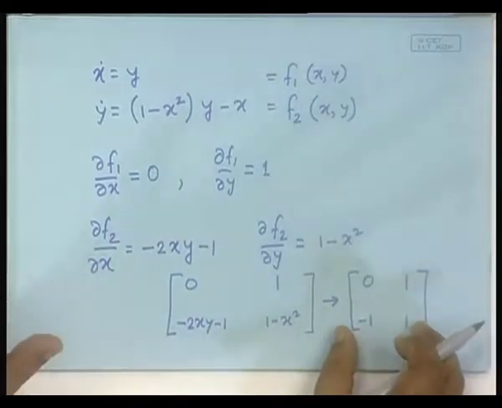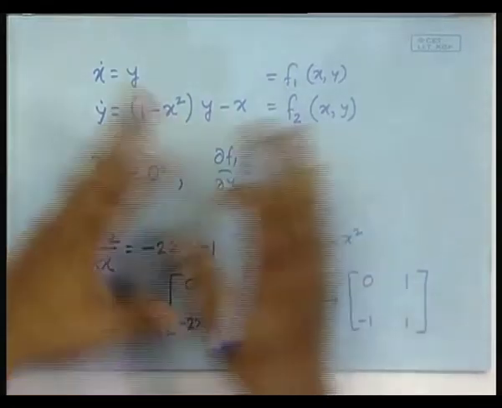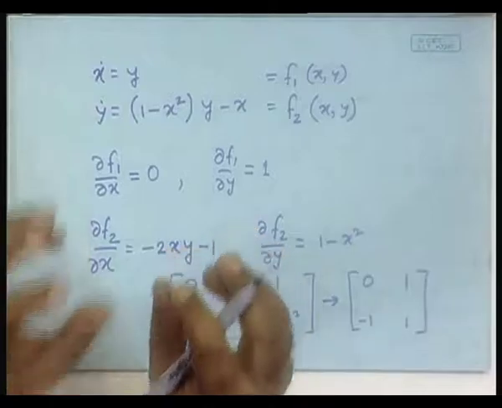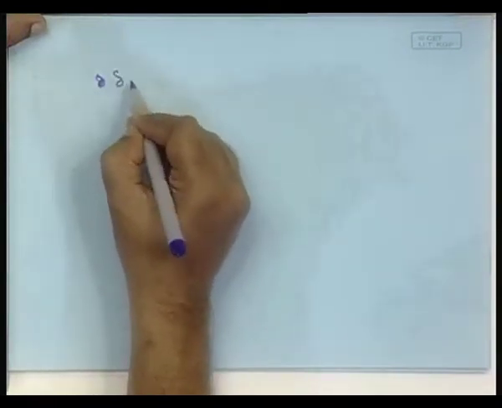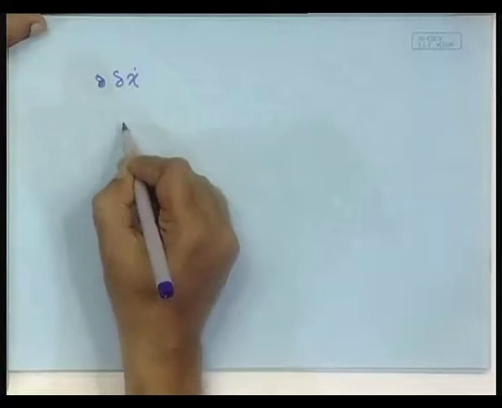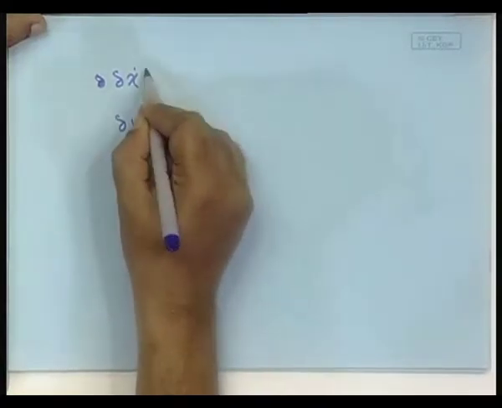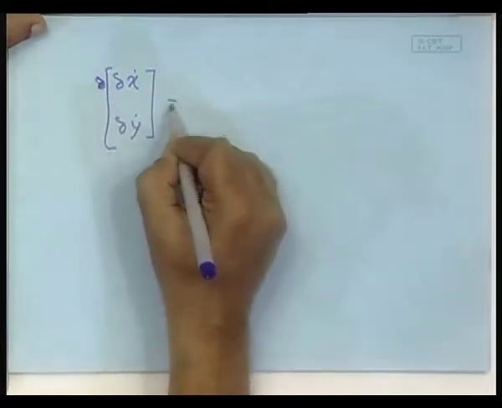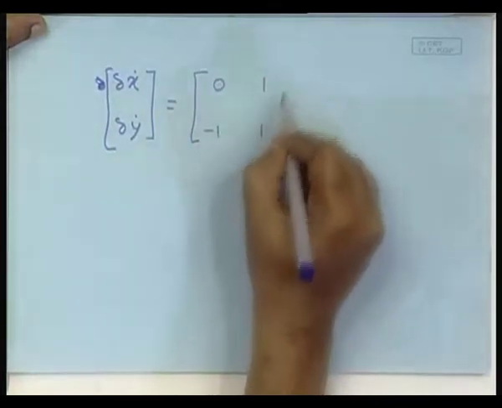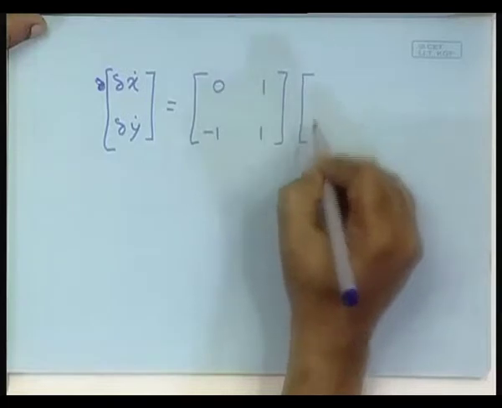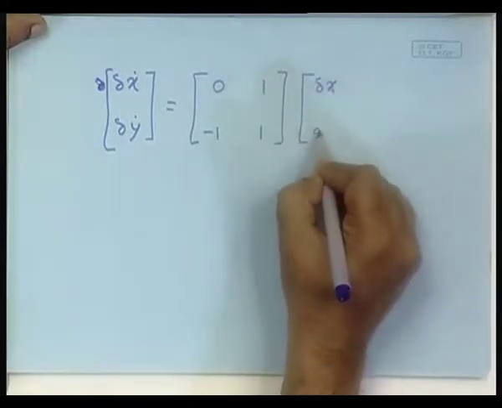This is the local linear representation, but this is the matrix. But then what is the equation? Local linear equation. The equation is delta x dot, delta y dot is equal to [0, 1; minus 1, 1] times delta x, delta y.